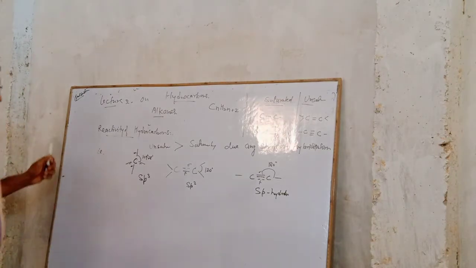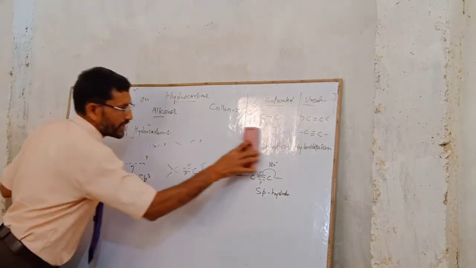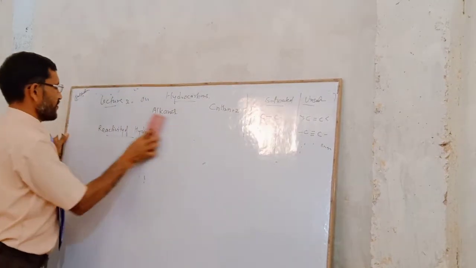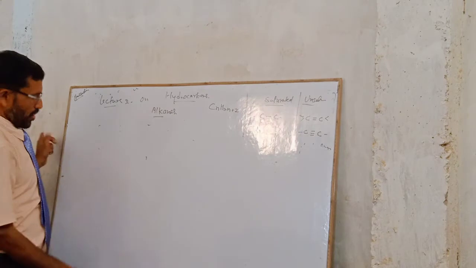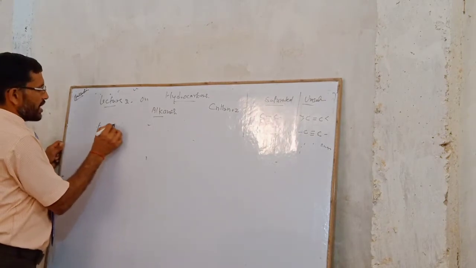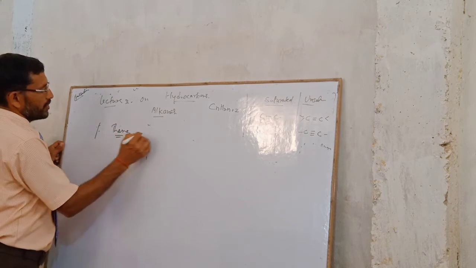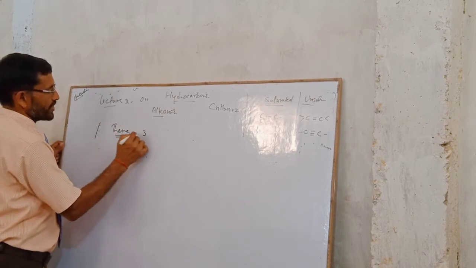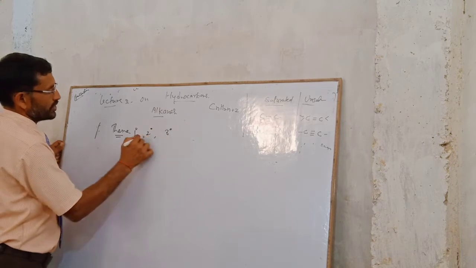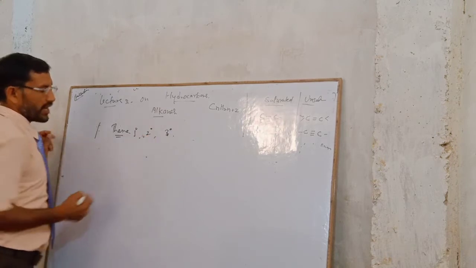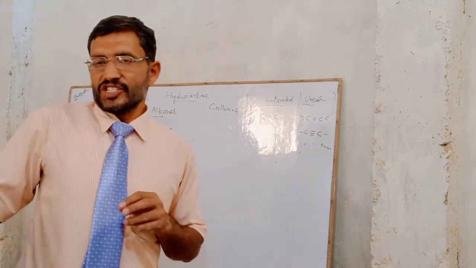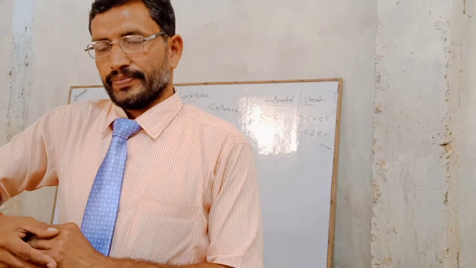Now next is the nomenclature of hydrocarbons only. Nomenclature of hydrocarbons. First, on the basis of degree, 1, 2, 3, I have to deal with primary, secondary and tertiary carbon.